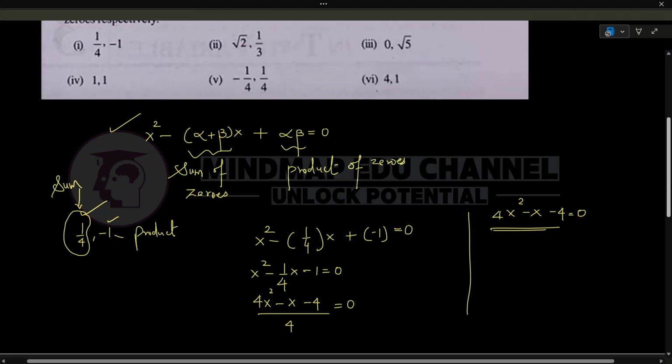Let's move to the second sum, that is when the sum is given as root 2 and the product is given as 1 over 3. So let's write the general equation, that is x square minus (alpha plus beta) into x plus alpha into beta equals 0. Now let's substitute the values, x square minus sum of the zeros is root 2 into x plus alpha into beta, that is the product is 1 over 3.